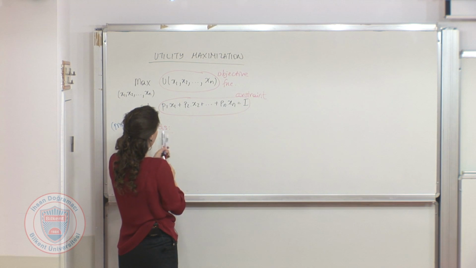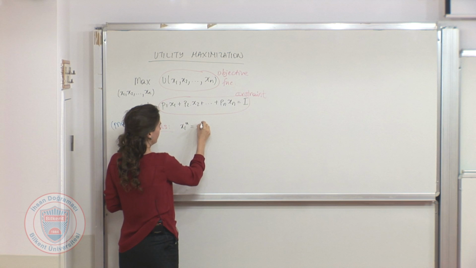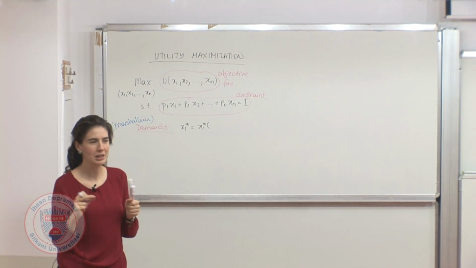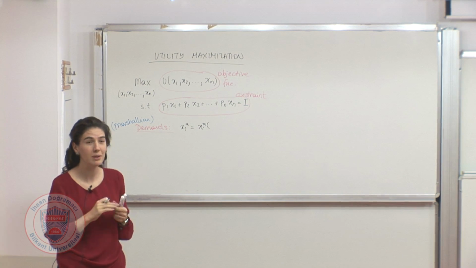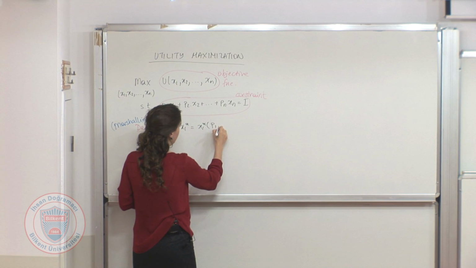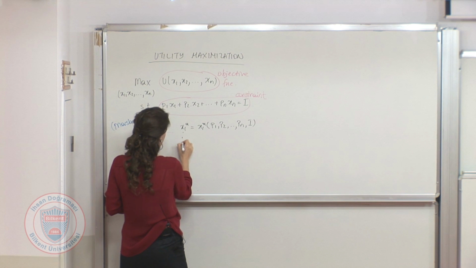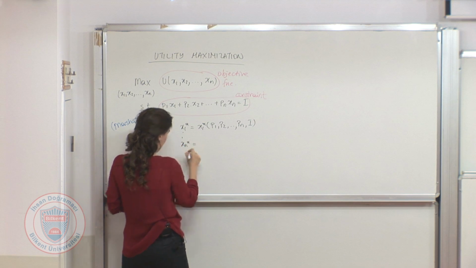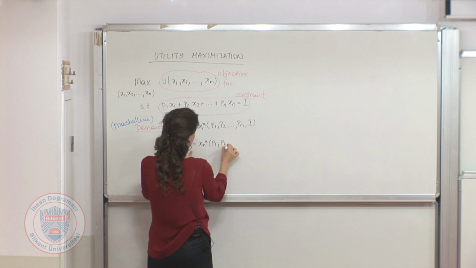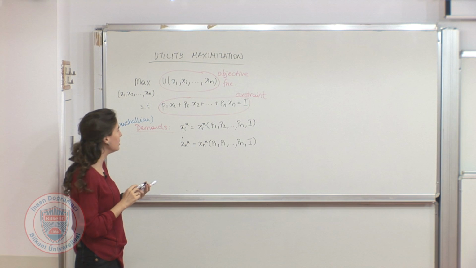So basically we said, oh, this is x1 star, which is a function of what? Remember, I told you, I'll keep asking you this because it will be very important. Prices and income, right? So this is basically P1, P2, Pn, I, right? And then we had Xn star, which is a function of P1, P2, Pn, and I, right? So these were the demands.